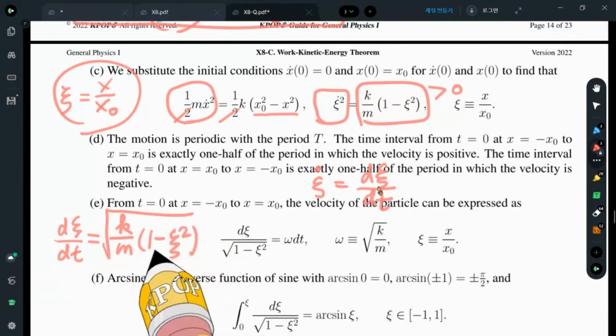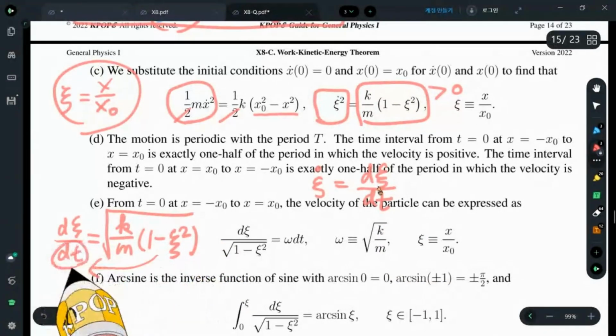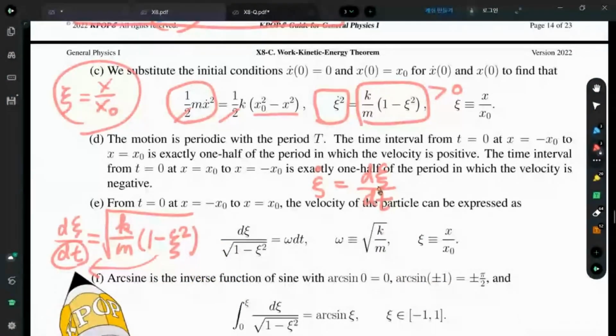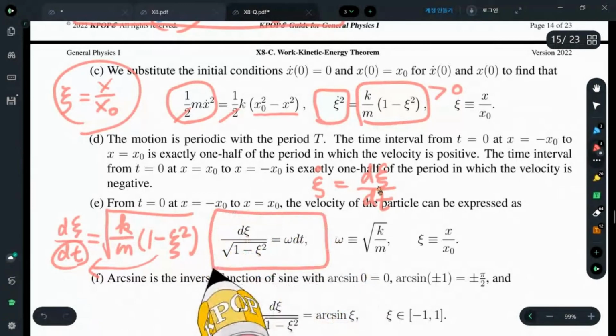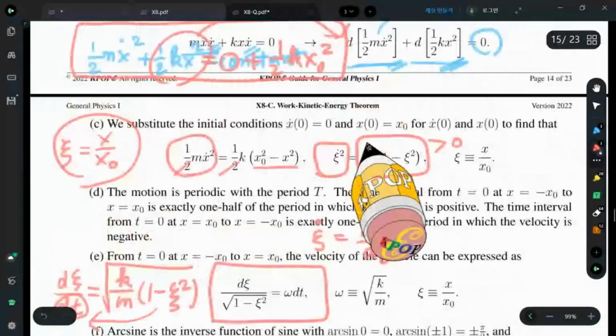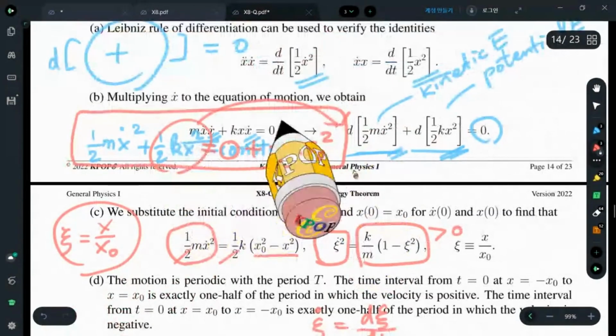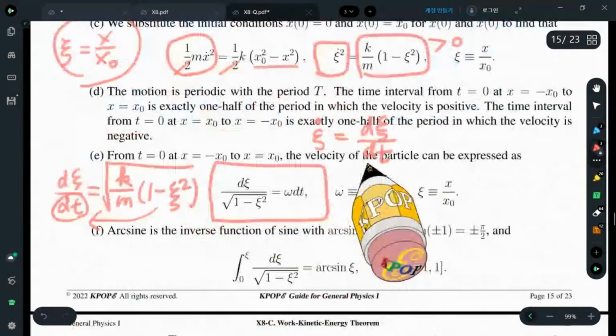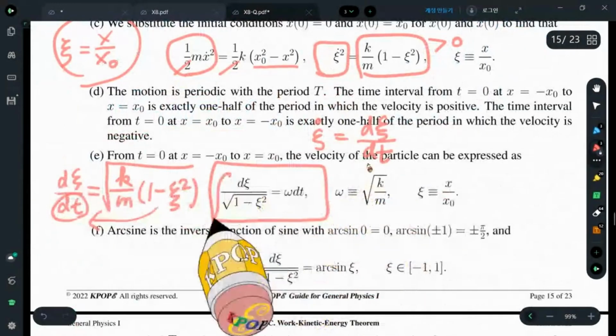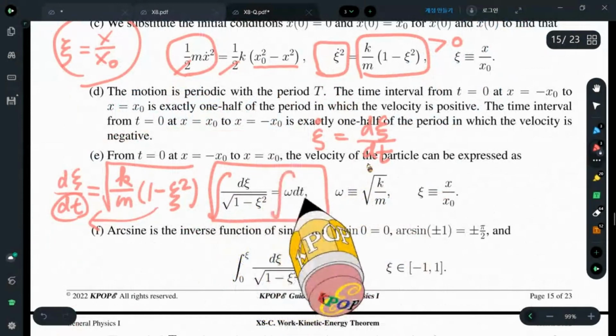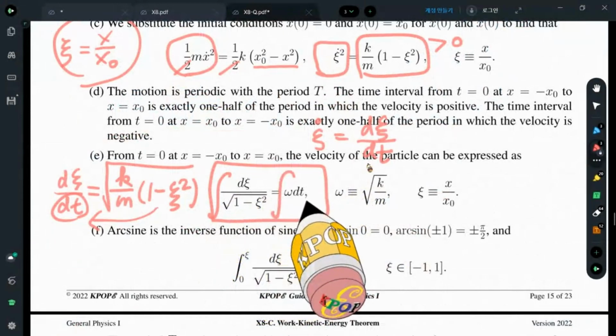Why don't we divide both sides and multiply by dt on both sides? Then we end up turning this complicated equation into a simple integral. Now we can integrate over c and over time very simply.